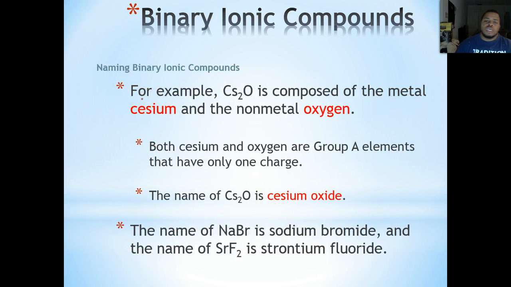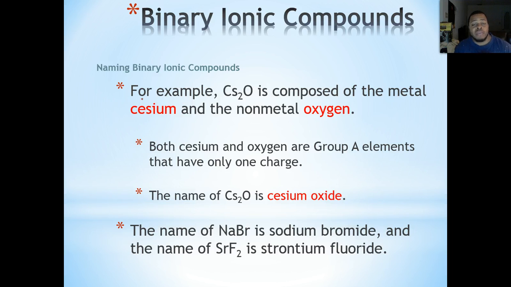Now, another example of how to actually name these compounds. Well, we talked about how to name the ions before, right? This part, I believe, is actually going to become kind of easy. Because I have a compound that's going to be made of cesium and oxygen, composed of metal, non-metal.